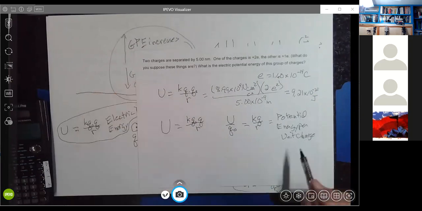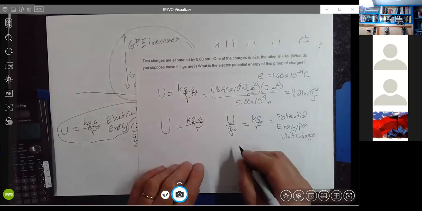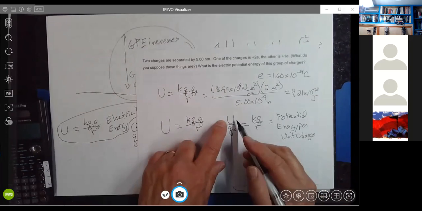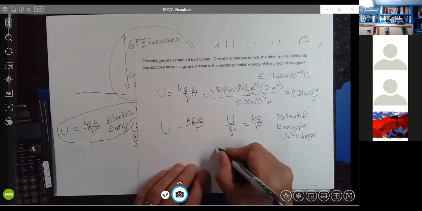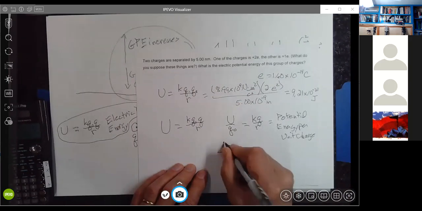If I'm talking about the electric potential energy per unit charge, it's going to have weird units of, let's see, joules per coulomb. Let me write it in lowercase first.